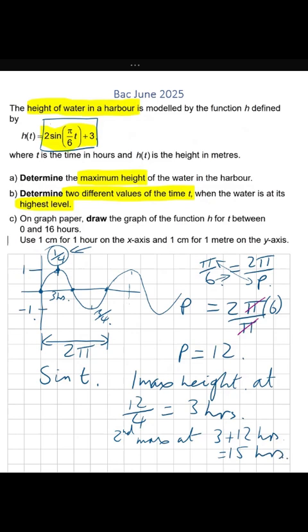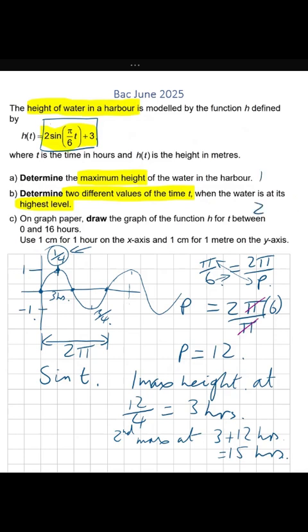Now, that's all you need to be doing for that question. There are other ways of going about solving that, but to be absolutely honest with you, that is all you need in terms of answering that question. That's B done. B was worth 2 marks. We had 1 mark for A.